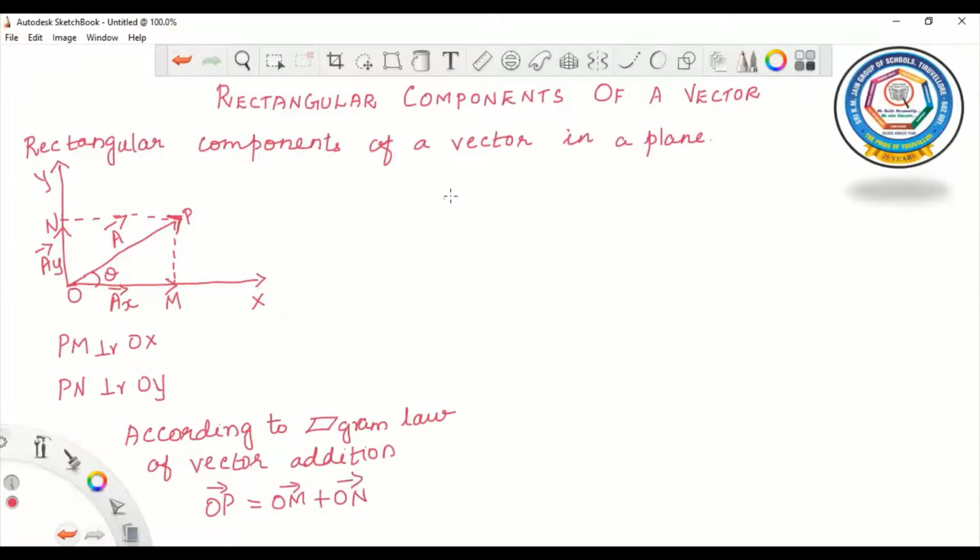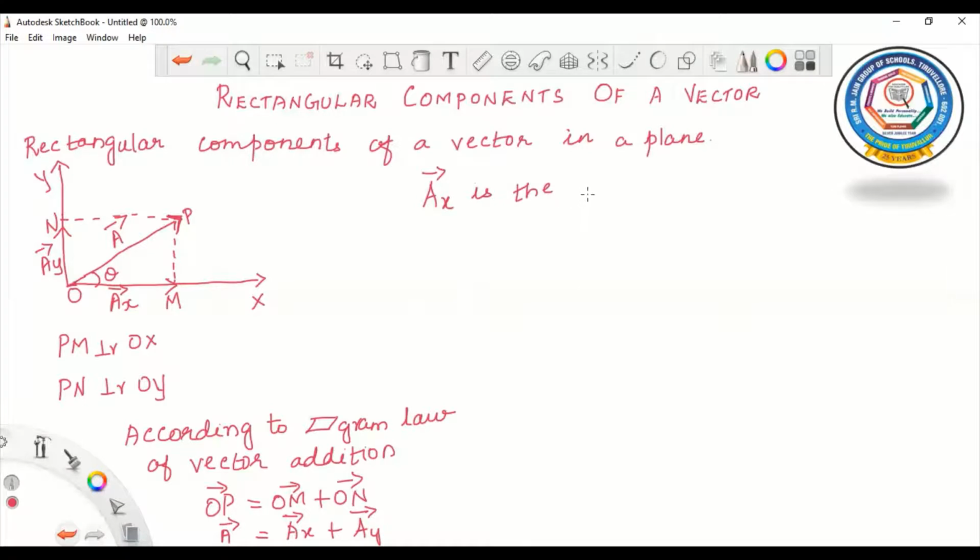Or else we can also write that A vector is equal to AX vector plus AY vector. Okay. So what is this AX?